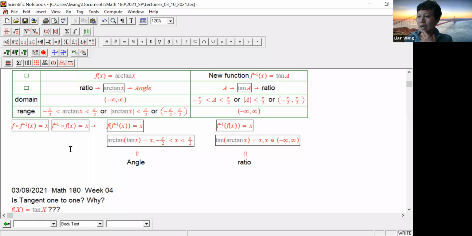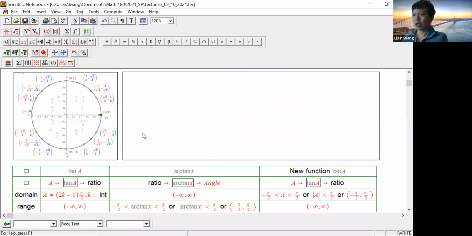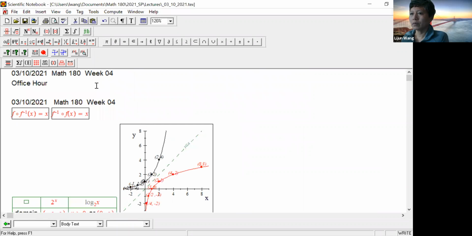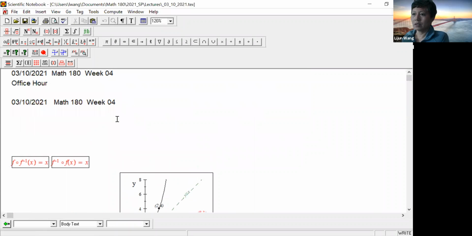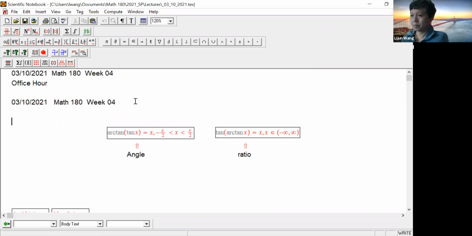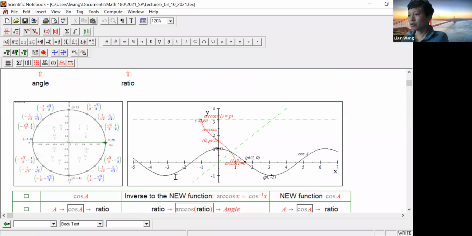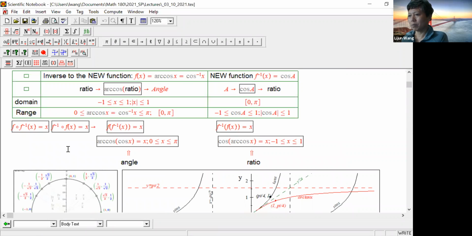So what I'd like to do is take these to the top, and we're going to work on some stuff. We're going to work on trig 7. Trig 7 is a section we must work on.